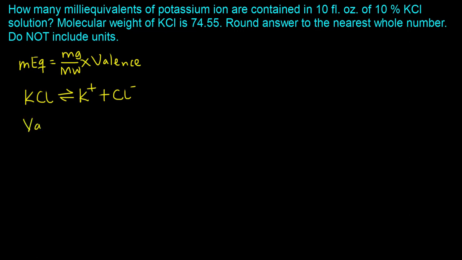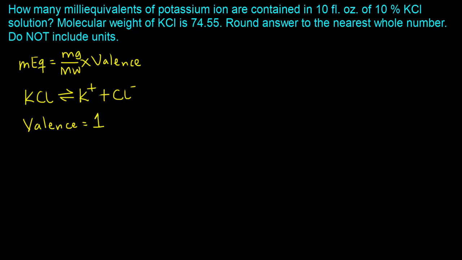So the valence of potassium chloride is going to be equal to the absolute of either the charge on the cation or the charge on the anion. So if we chose potassium cation, the charge on that is +1, and so the absolute of +1 is 1, and so the valence of potassium chloride is going to be 1.